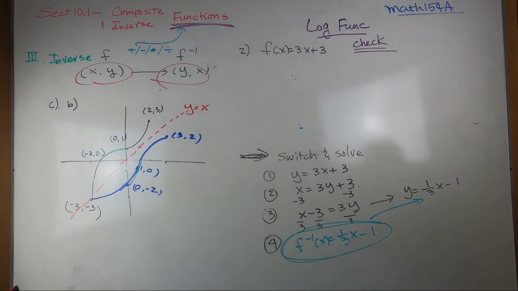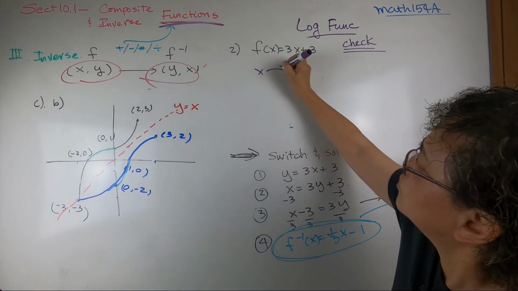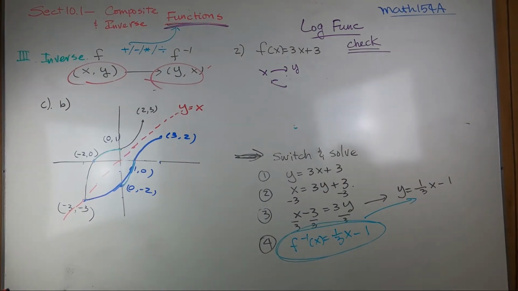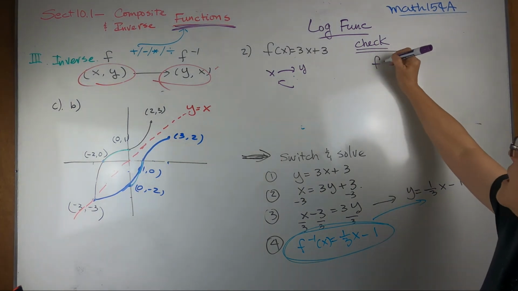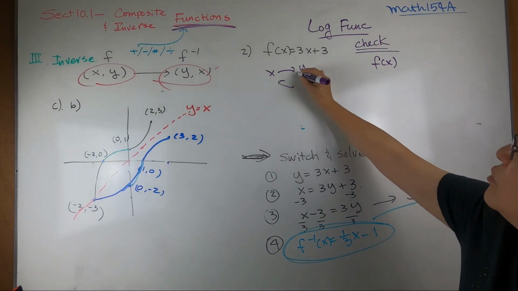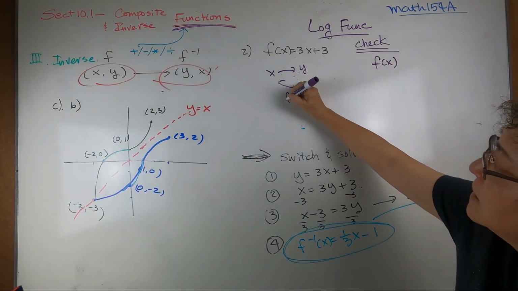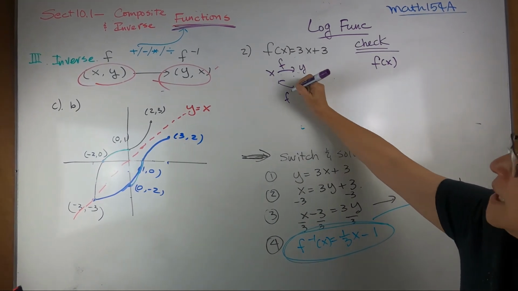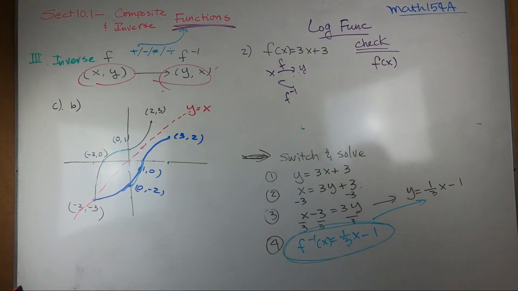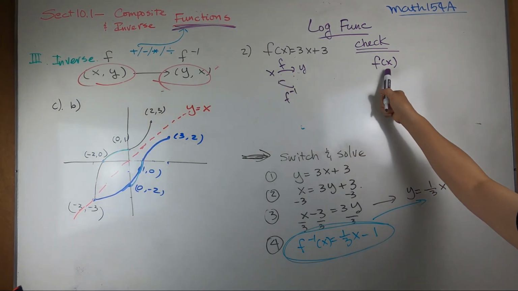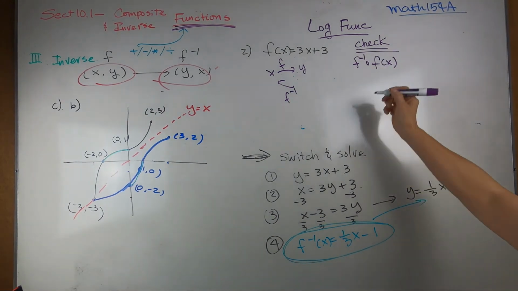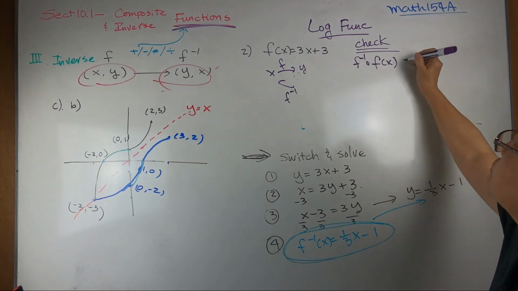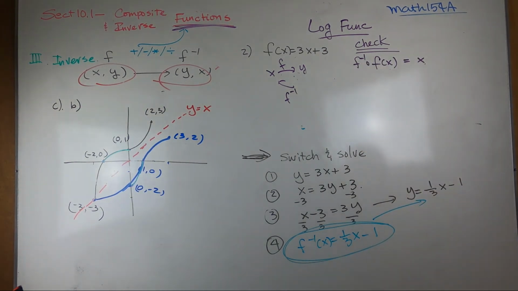Okay? How do we check? It means from x to y, if you're going back, you should go back to x. Right? That means if I have f of x to the y, if I go back, this is my f. Going this way, going back is f inverse, right? So my x to the y, then if I go back the f inverse way, that's y, then you go back, you should get back to x, right?